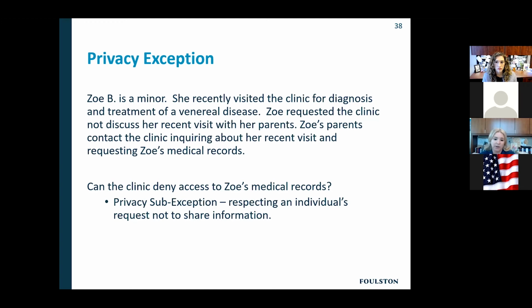We have the preventing harm potential here, and we also have the privacy exception. She does not want us to share that information, and under state law, she has a right to consent to that treatment. This would be an appropriate exception to rely on to not share that information with her parents.